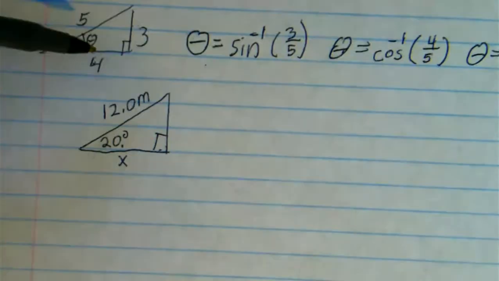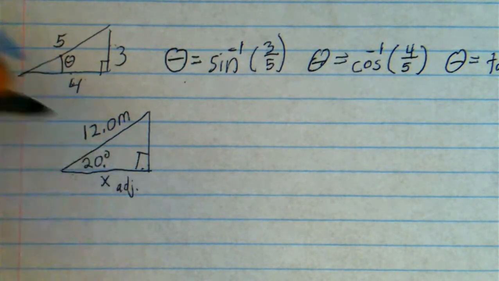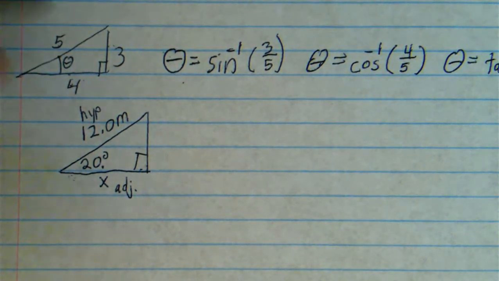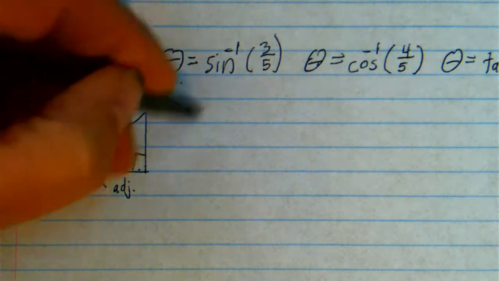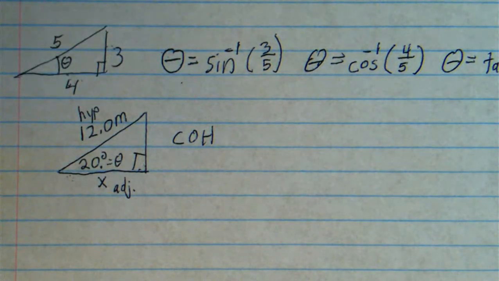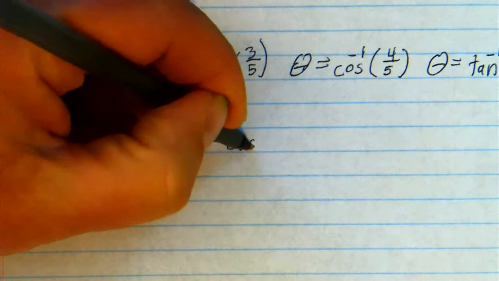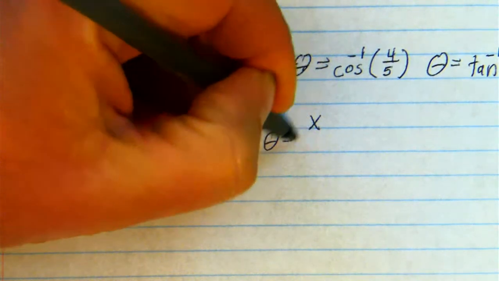You should look at this and say, oh, okay, this is, after all, the adjacent side that I'm asking about, and the hypotenuse is given, and the angle is given. So SOHCAHTOA, I should choose the cosine function to figure out the adjacent side. The cosine of theta is the adjacent side, I'll just write x this time, divided by the hypotenuse.